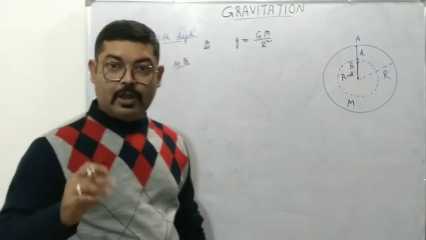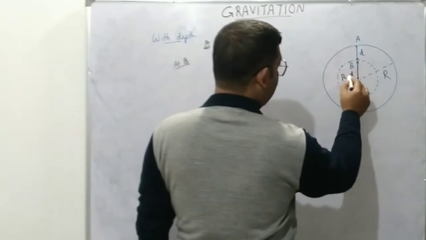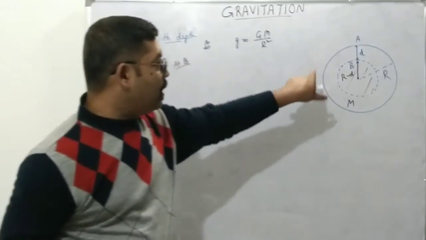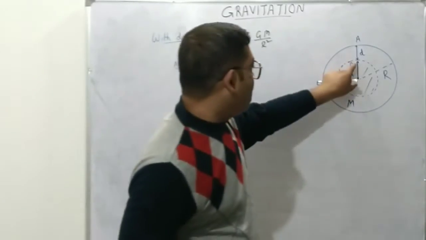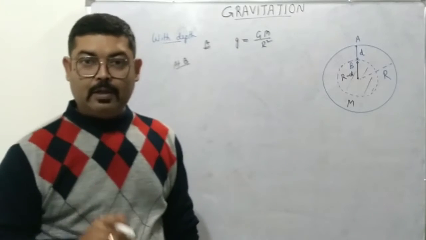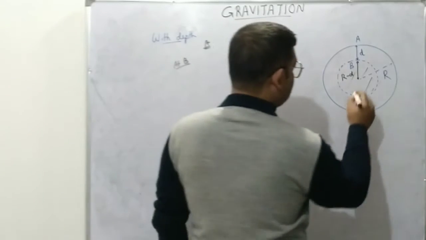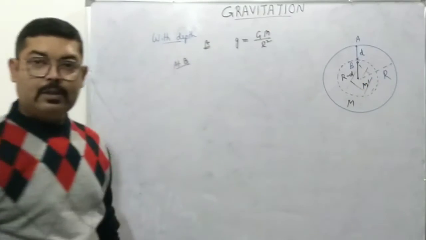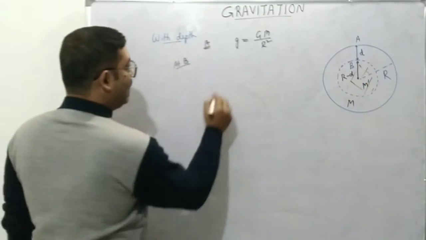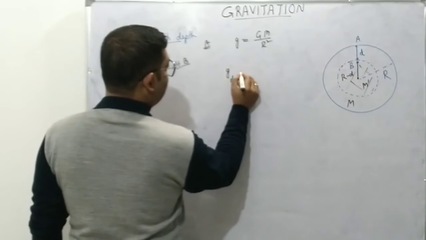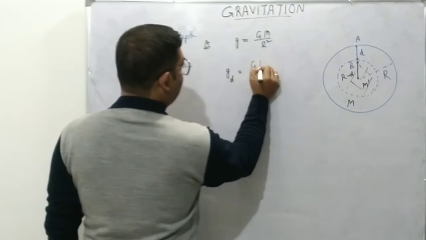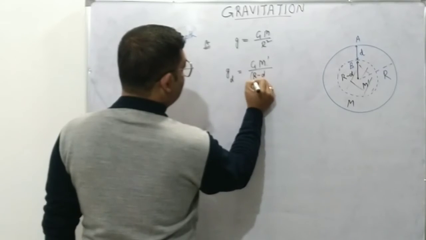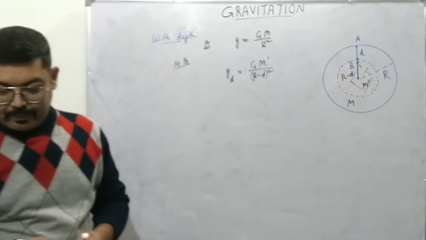So, from the shell theorem, we know that only the inner central part of the mass, the inner part of radius R minus d, will matter. Let's say this mass of the inner part be M dash, which is less than M. In that case, g at this depth d will be GM dash by R minus d whole squared.